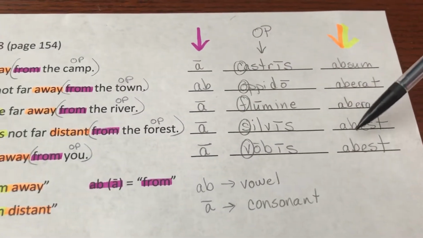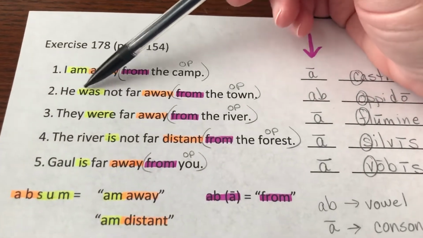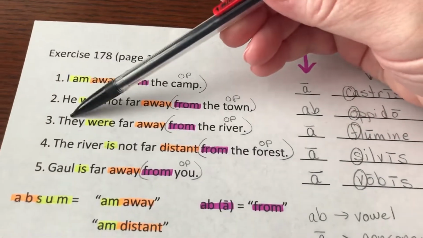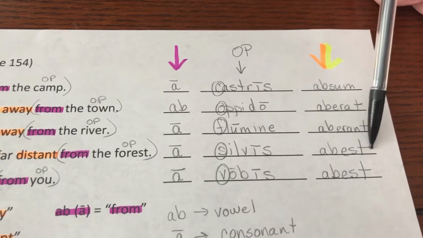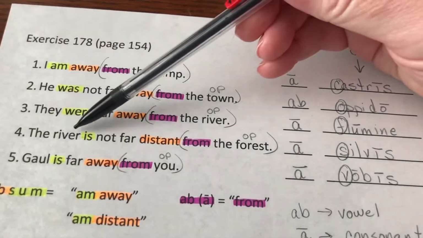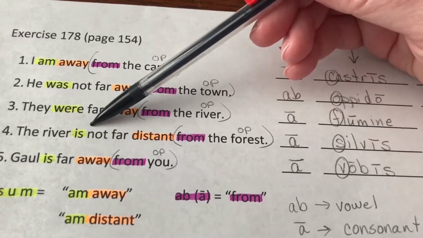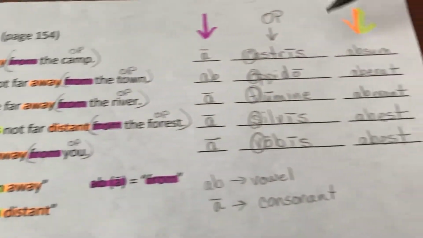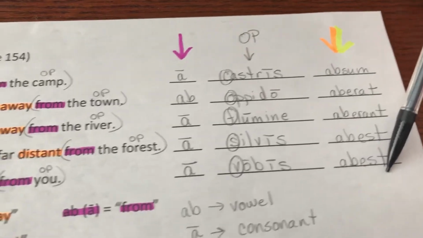So we did ab, ab, ab, ab, ab, and then we looked at our different forms. Erat is he was, erant is they were, est is it is, the river is, or it is, same thing here. Gaul is, or it is, far away from you. So we got a handle on our compound verb, and that's what it's going to look like.